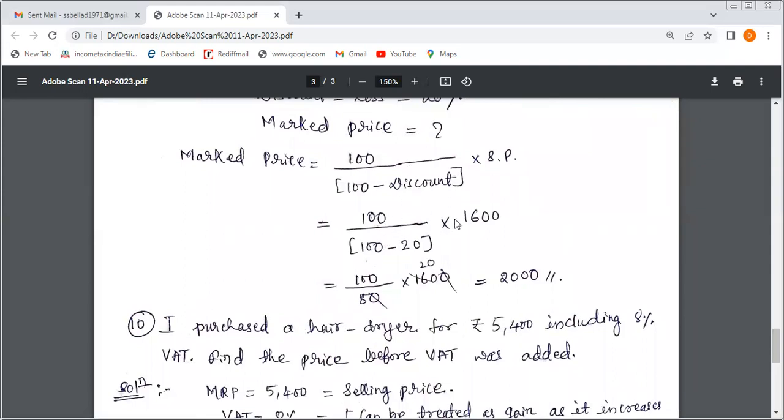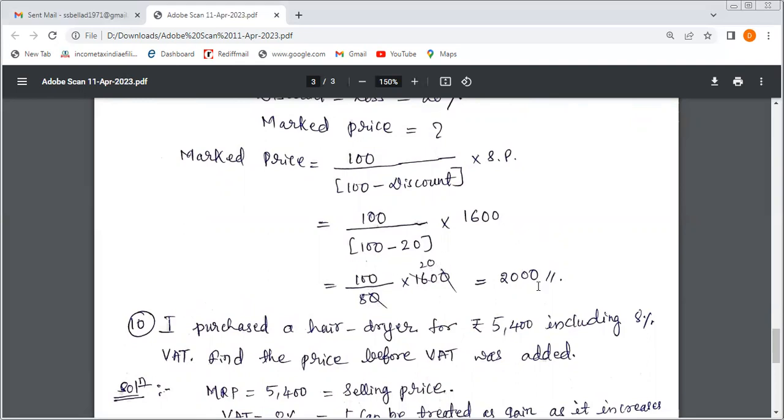Discount is 20% and selling price is 1,600. So this is 100 divided by 100 minus 20, which is 80, into 1,600. Zeros get cancelled. 8 ones are 8, 8 twos are 16, so 20. So 100 into 20 is 2,000.